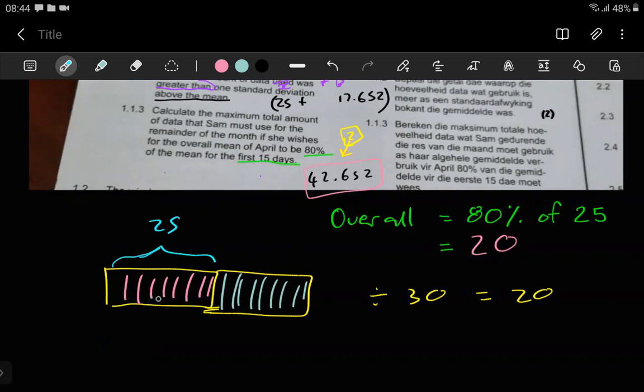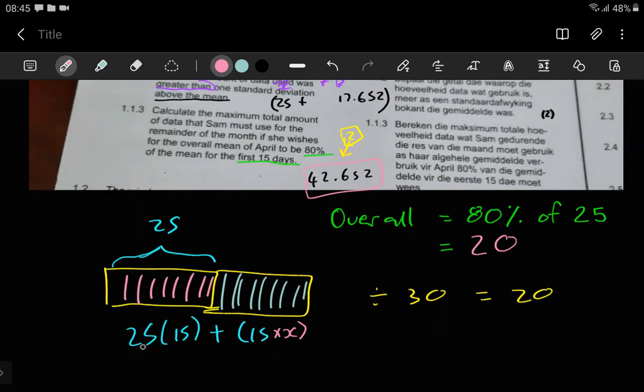So here you have 25 times 15. That's what these numbers are going to add up to. But here we also have 15 numbers, and we don't know what the average should be for you to then add these two, divide by 30 and get 20.